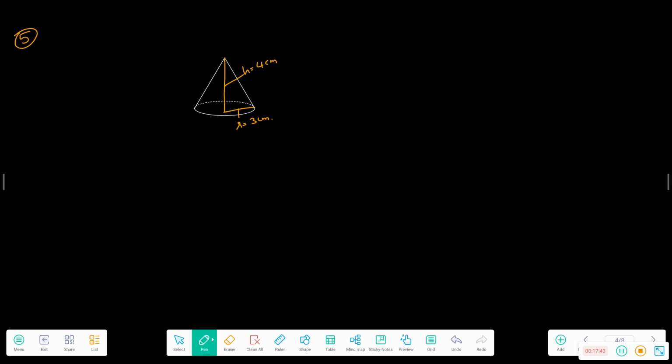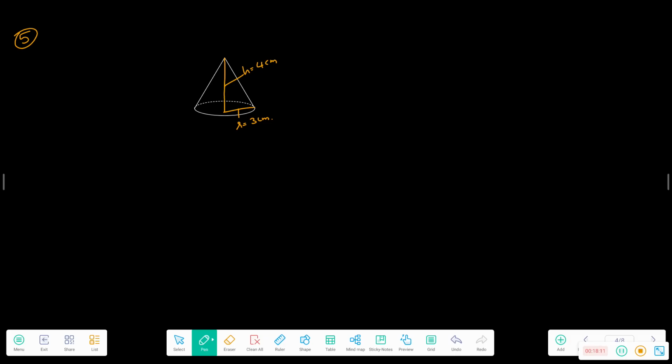So we know r and h, right? Now he asked to find, if the available paper sheet is 1000 centimeter square, how many caps can be manufactured? So here the total sheet available with them is 1000 centimeter square. Now we need to find how many caps can we get from that.